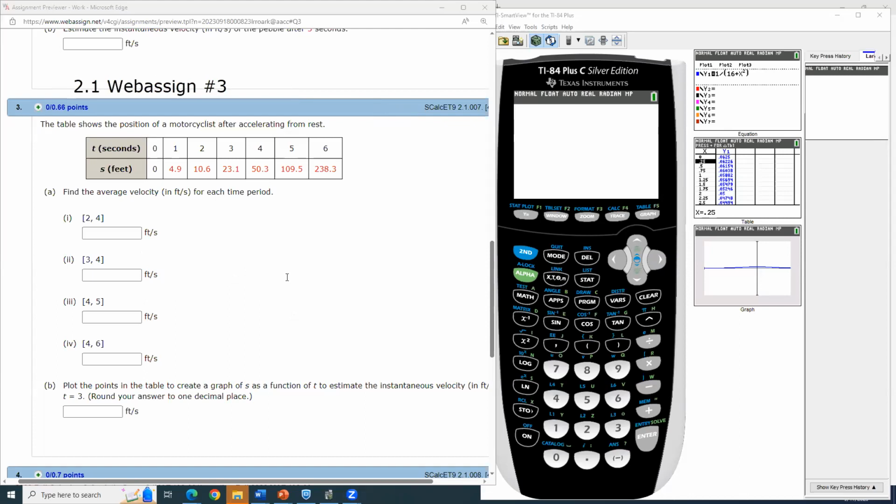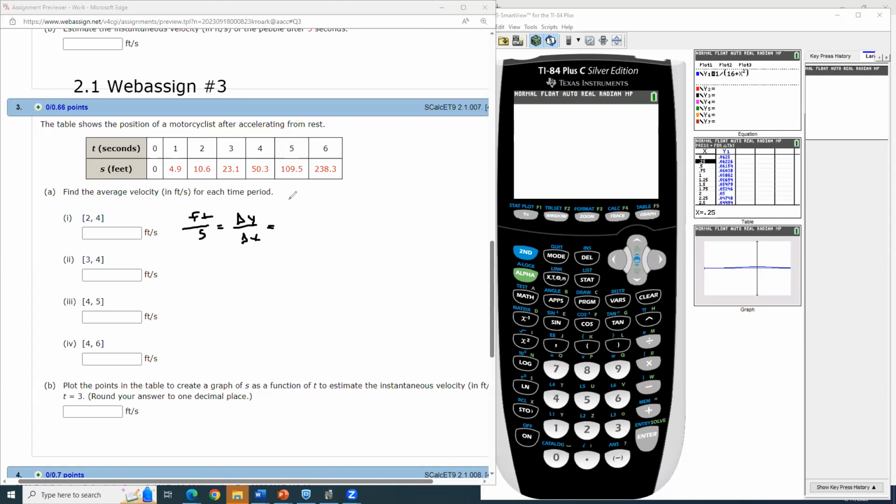So the main idea to begin with is they want us to find the average velocity between certain time intervals. First they say from 2 to 4. So all they want us to really do is, it's feet per second, right? Let me write that, which is change in y divided by change in x.